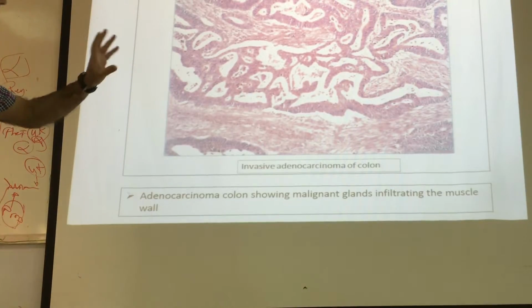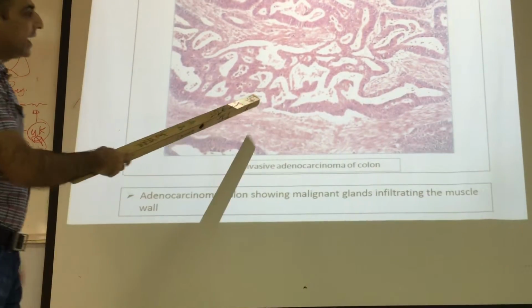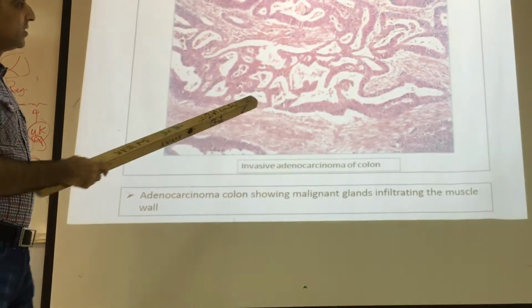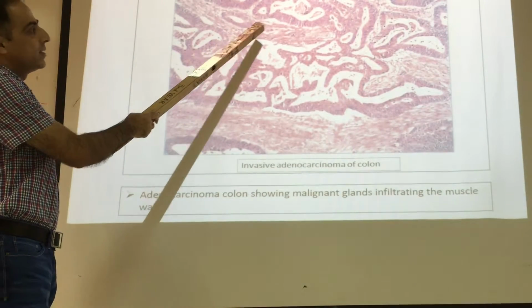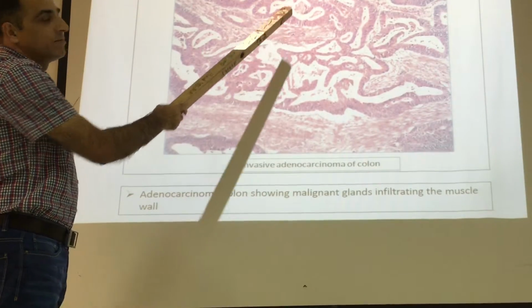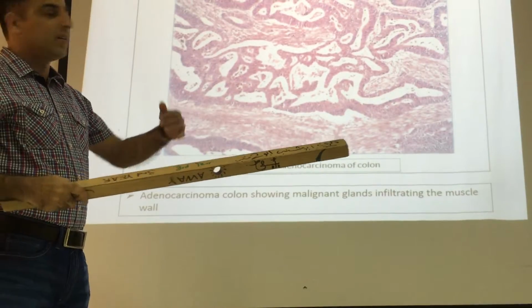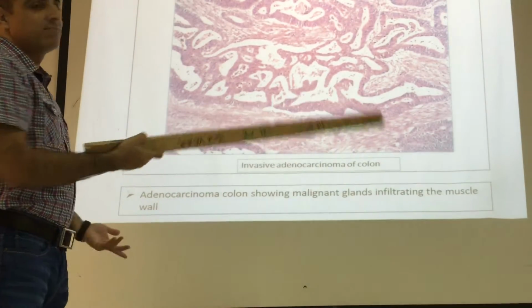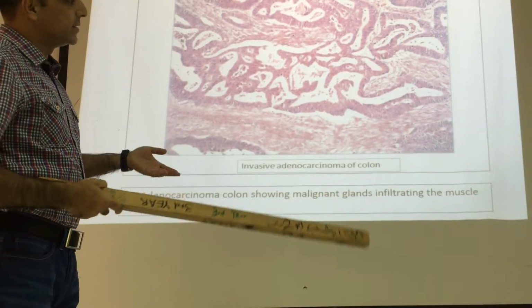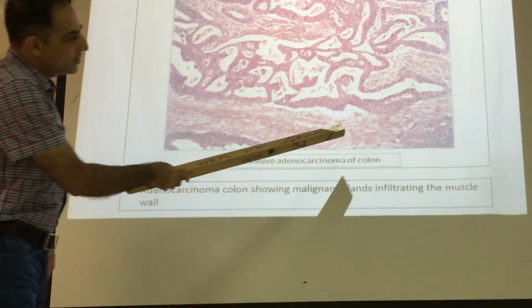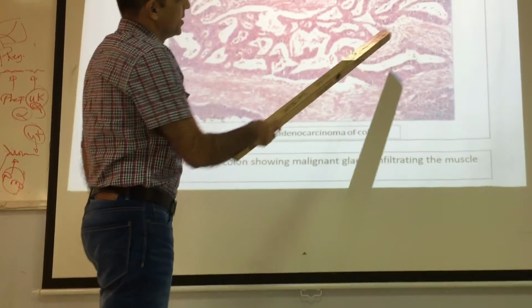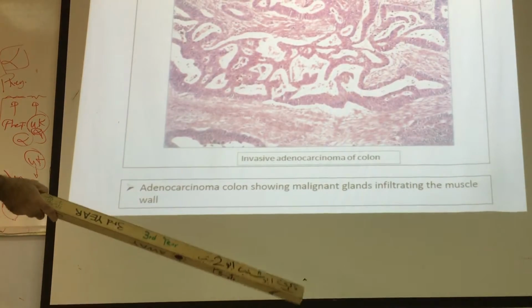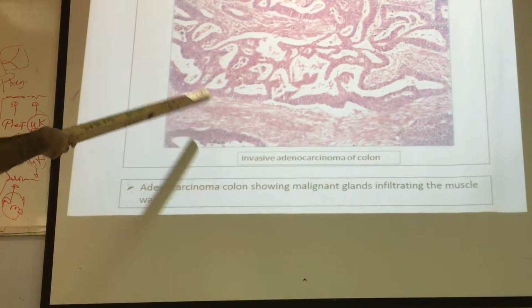Look at the haphazard arrangement of the glands. Many glands are attached to each other. Here is a separate gland, isn't it? Here they are as if attaching. So this is clear-cut malignancy, and it is penetrating. Look, this is the muscle here. It is going inside the muscle. These are dangerous-looking glands.